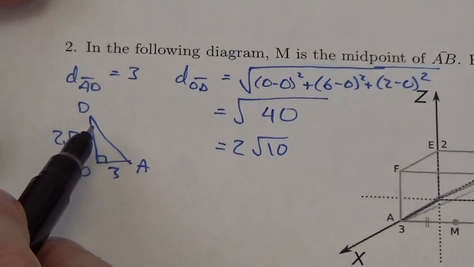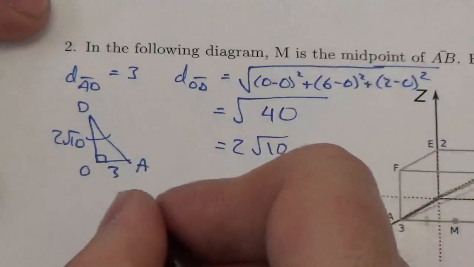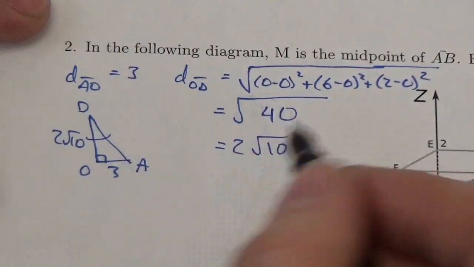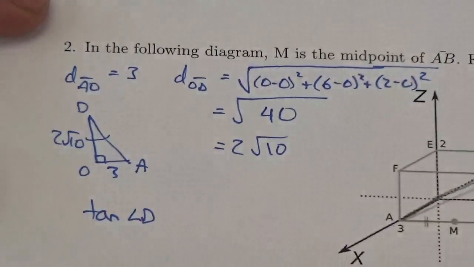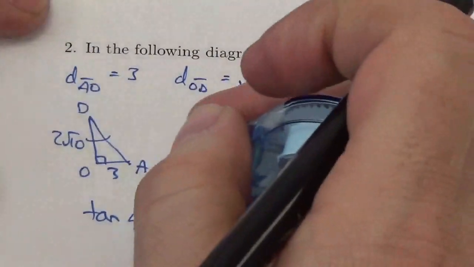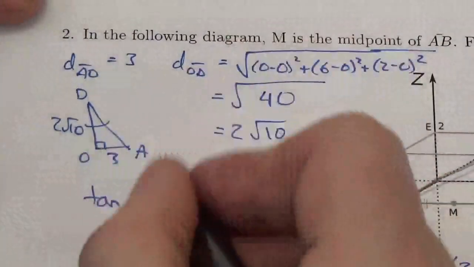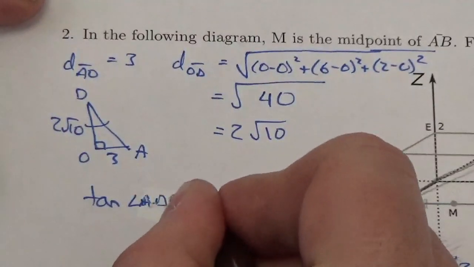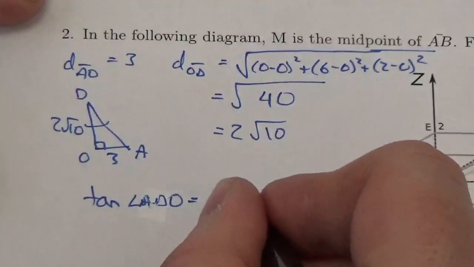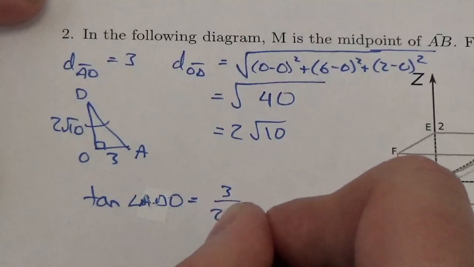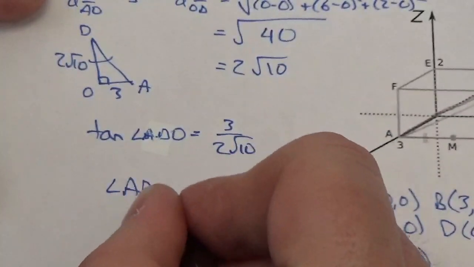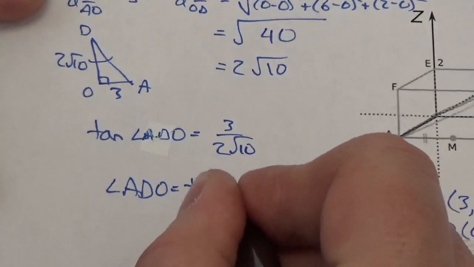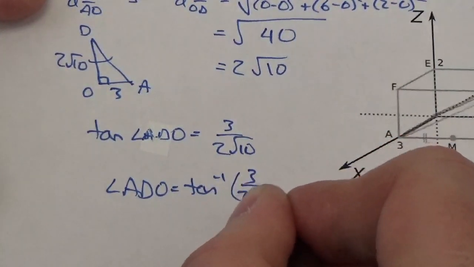I want this angle right here. So the tangent of angle ADO is going to equal the opposite, 3, over 2 root 10. And so now angle ADO will be the inverse tangent of 3 over 2 root 10.